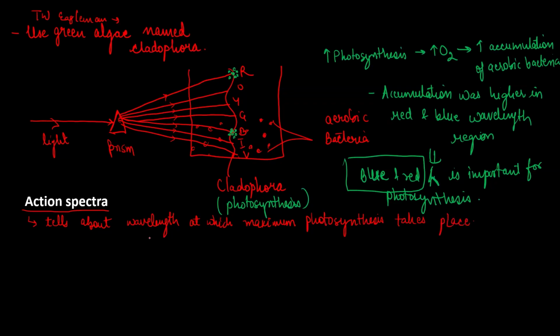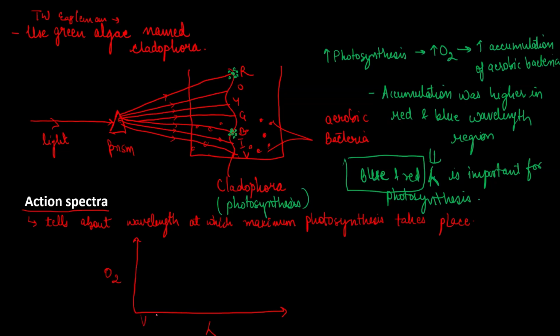The wavelength at which maximum photosynthesis happens is the wavelength at which maximum oxygen production takes place through photosynthesis. So here we draw this spectrum between two axes. One axis is oxygen concentration and the second axis is wavelength, which goes from violet to red.